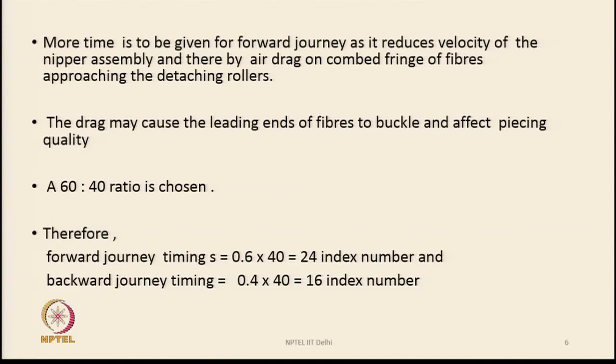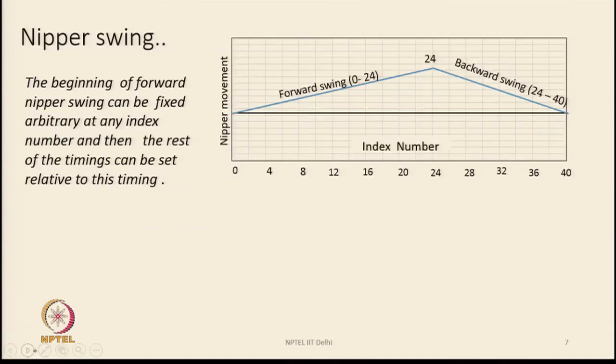That means the way we set the machines, that the forward journey takes 24 index number and the backward journey takes 16 index number.